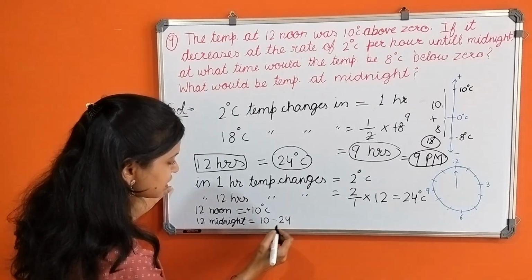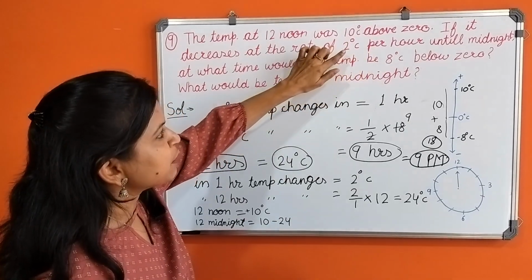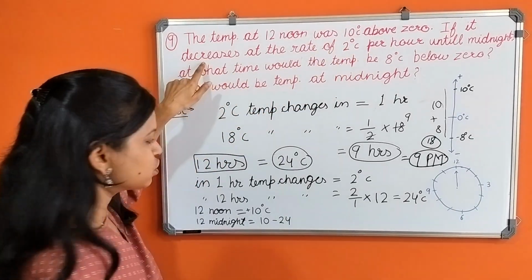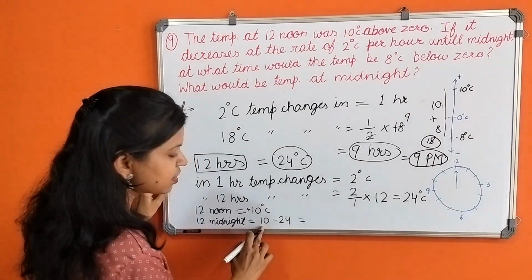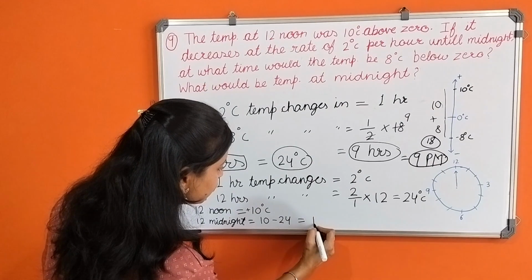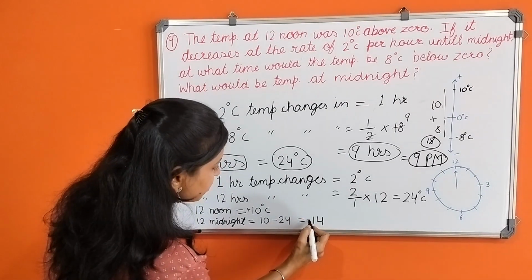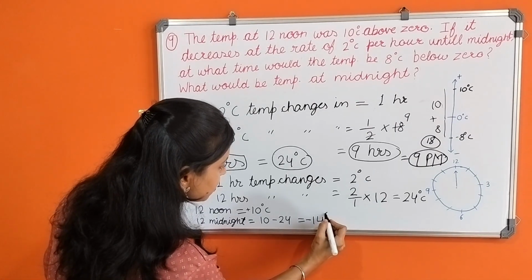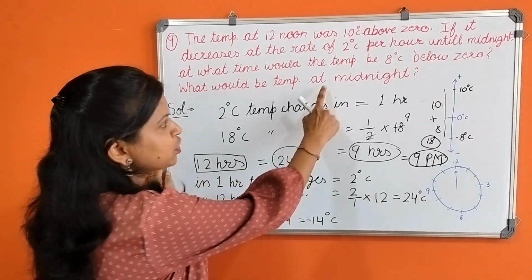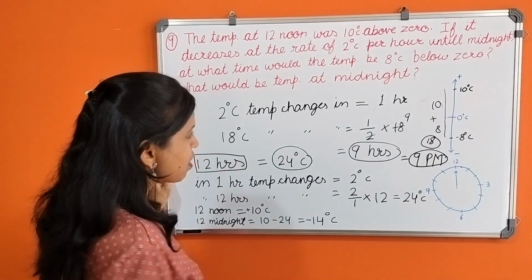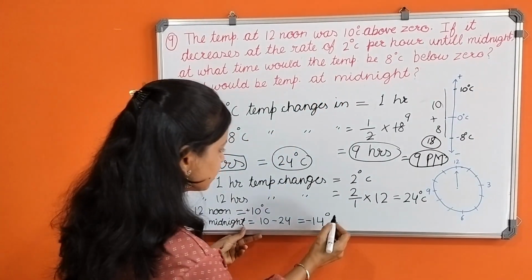Why will we do minus? Because after every hour the temperature is decreasing. So that's why we are doing minus. So 10 minus 24, we will subtract, 14. 24 is negative, so 14 will be negative. So now this is the temperature at 12 midnight. So at 12 midnight, temperature is minus 14 degree centigrade.